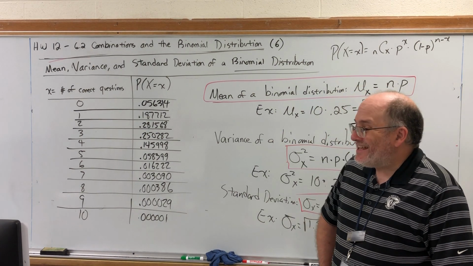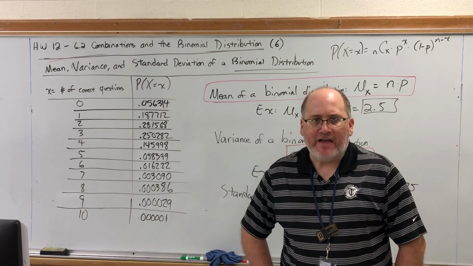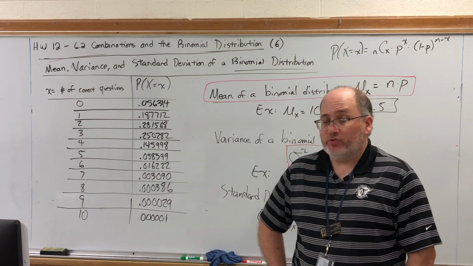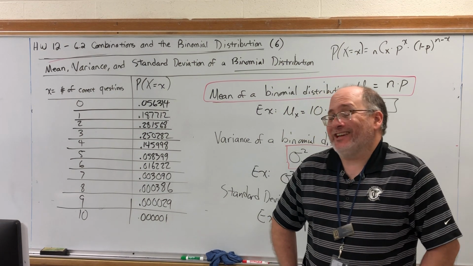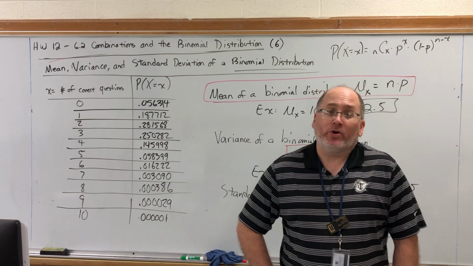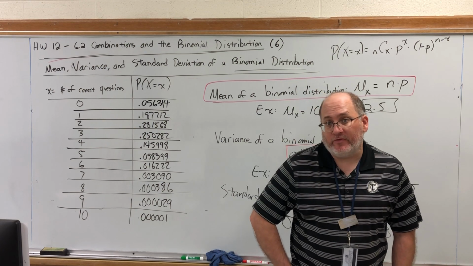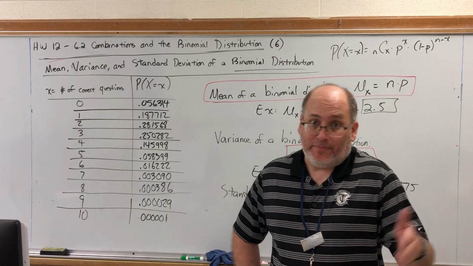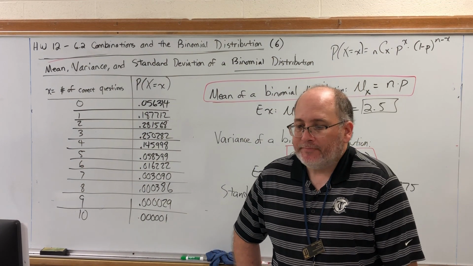Homeworks 8, 9, and 10 were from chapter 5. Homeworks 11 and 12 were these 2 sections from chapter 6. And this is the last section we're going to do in chapter 6. We're going to skip section 6.3 for the sake of time. I can say with 100% confidence that we will not build on that section in the future.